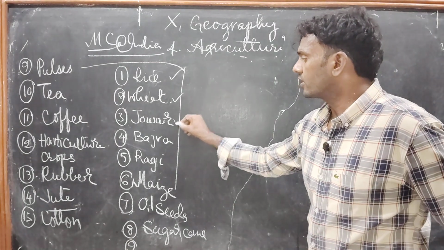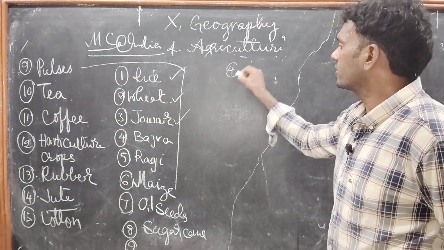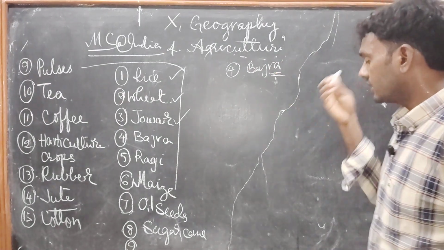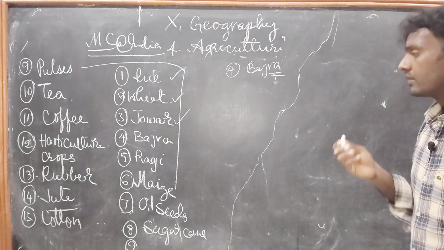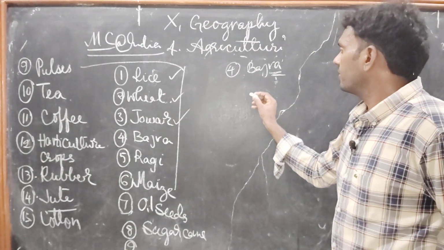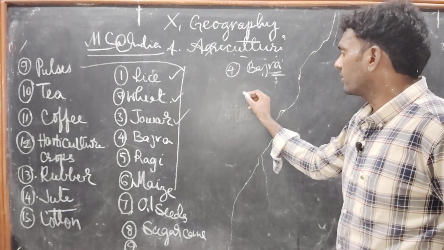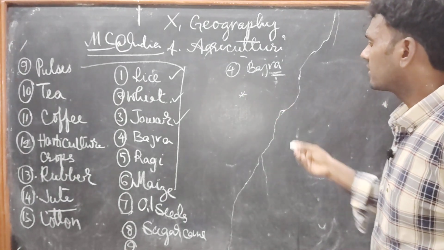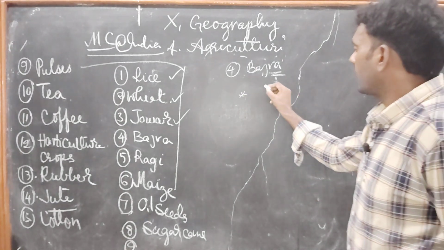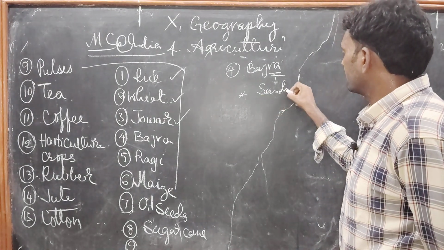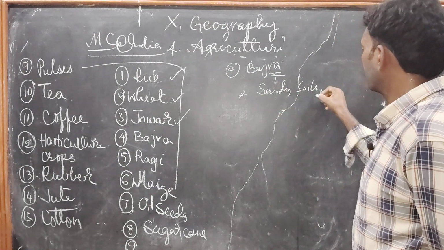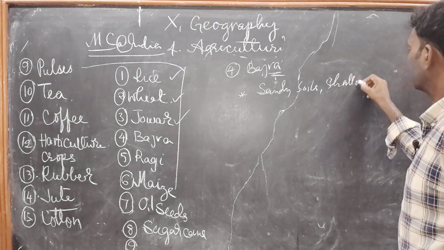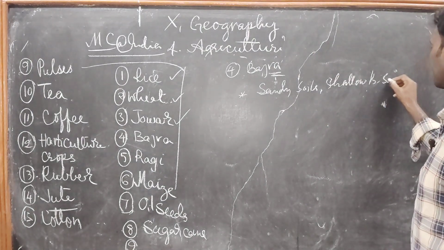Coming to bajra, fourth one, bajra. See, it is also a very important crop in India. It is cultivated in sandy soils and shallow black soils.